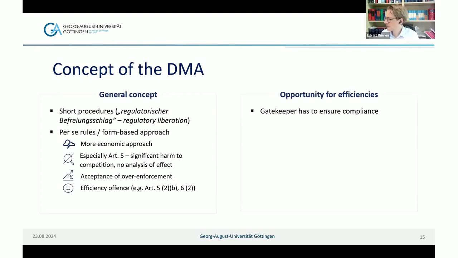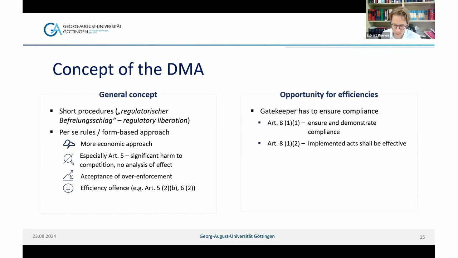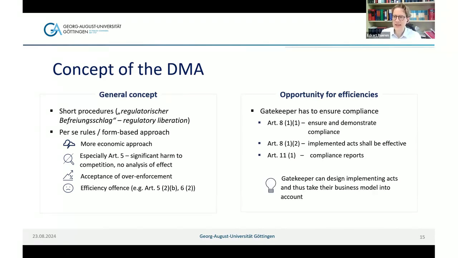So the first one is what I already have mentioned briefly, this Article 8 saying that gatekeepers have to ensure compliance themselves. So it's actually the gatekeepers designing the compliance measures, and implementing acts by the Commission that shall be effective, but that also have to be proportionate, and compliance reports. So this is the basic approach of the DMA.